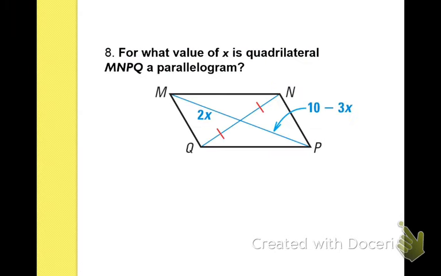For what value of x is quadrilateral MNPQ a parallelogram? What would I have to do to figure out x? What do I know? How can I solve that? Aaron, what would I do? Right. For this to be a parallelogram, the diagonals have to bisect each other. We have to show that these two bisect each other.